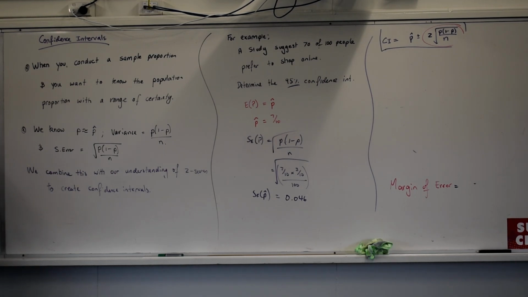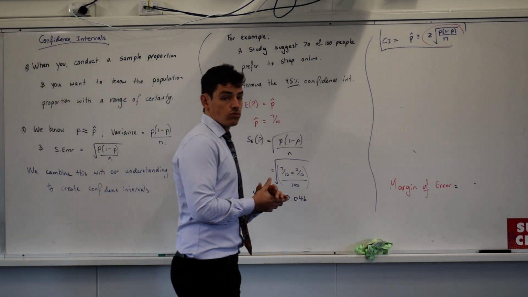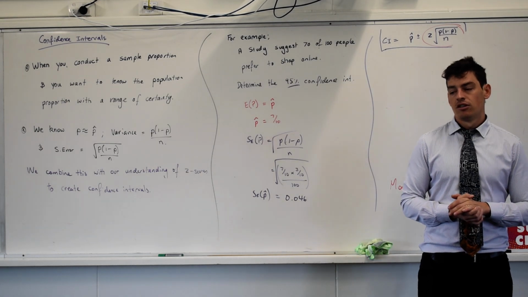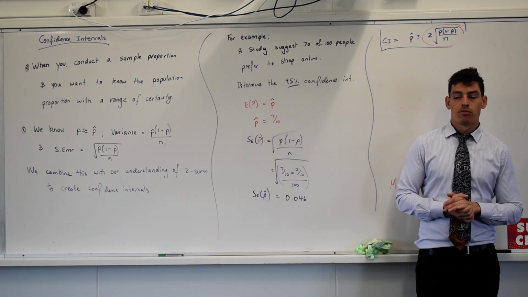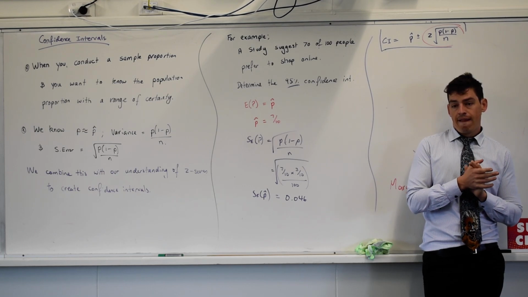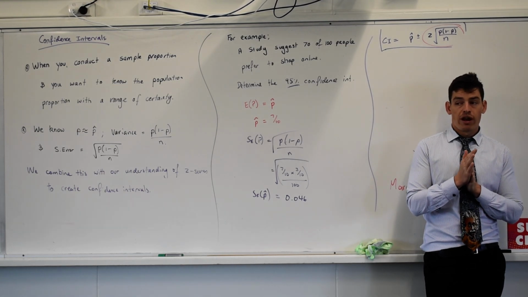Alright, hint 1. What kind of distribution are we dealing with? Normal distribution. We can apply a normal approximation because we've got np greater than 5 and n(1 minus p). James has got it, it's 1.6, but I'm going to let you keep going. Until you see that number on your screen, you need to keep going. So it's a normal distribution, correct.